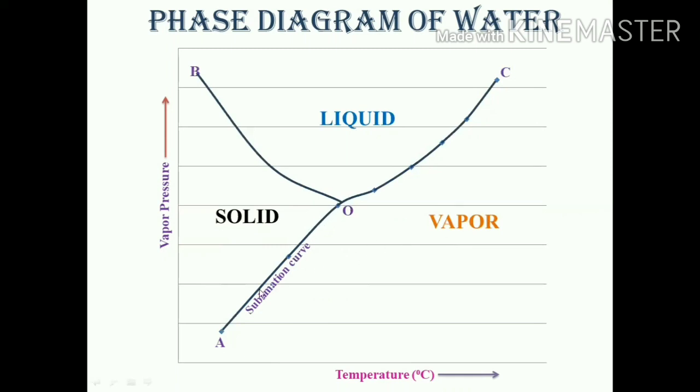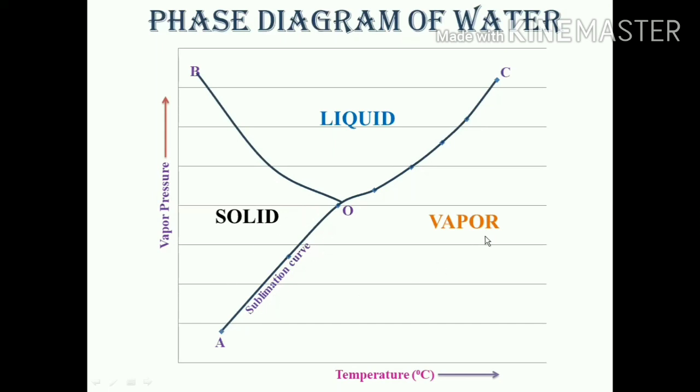So this curve AO, which is lying between the solid state of water and the vapor phase of water, is called the sublimation curve. It's an easy way to remember this thing. You know that whenever the change in state takes place from the solid directly to the vapor phase, the process is called sublimation. So from there you can remember this term for the curve AO, the sublimation curve.